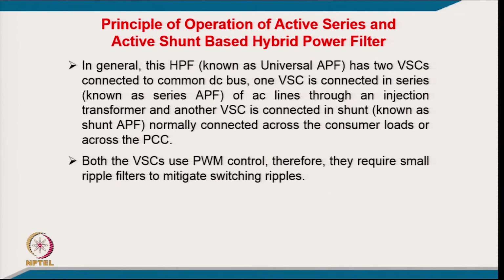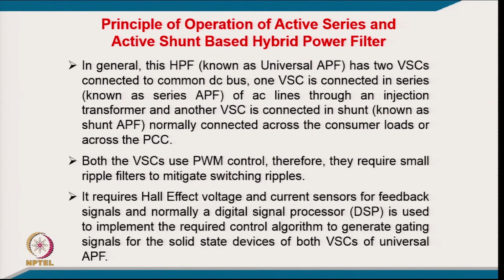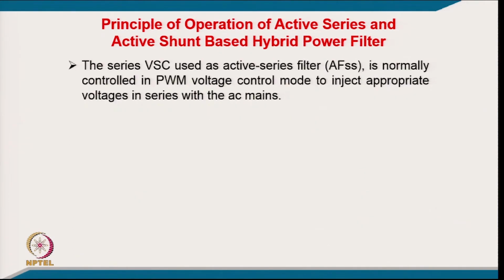Both voltage source converters use pulse width modulation control, therefore they require a small rating ripple filter to mitigate the switching ripple, and they require of course Hall effect voltage sensors and current sensors for feedback signals. Normally a digital signal processor is used to implement the required control algorithm to generate the gating signals for the solid state devices of both voltage source converters of the universal active power filter.